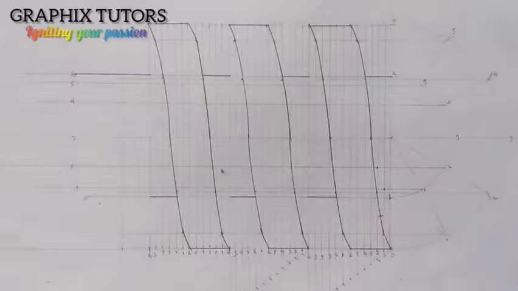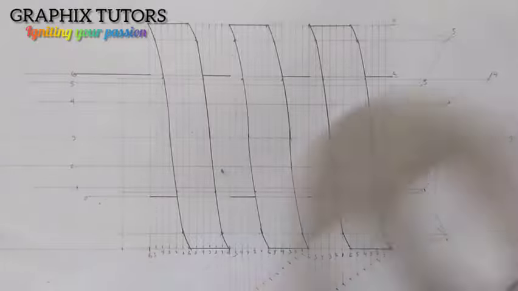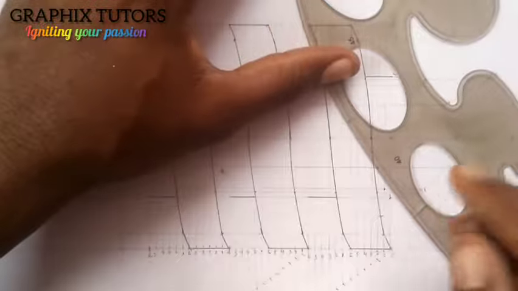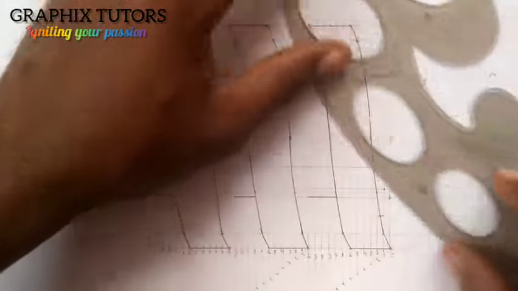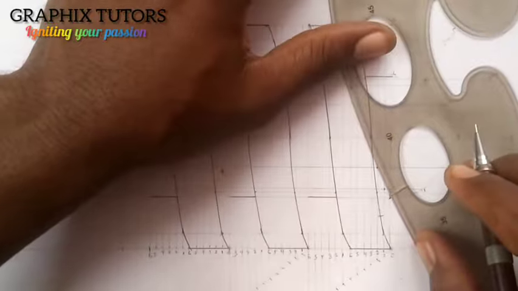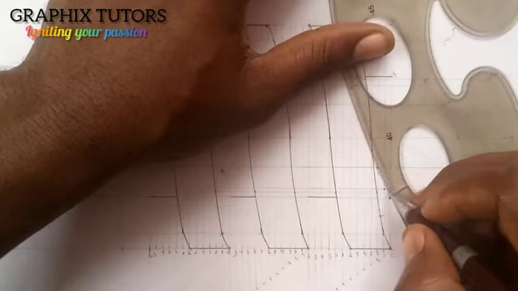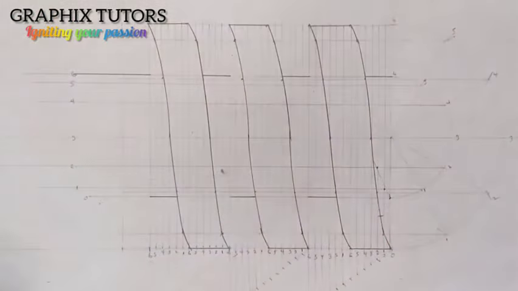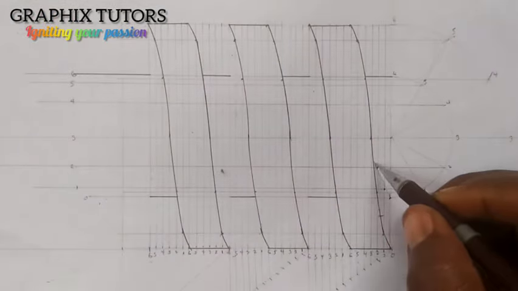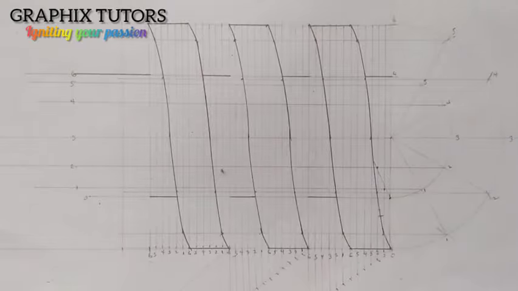So I'll just take my French curve and join it to touch that point from here. Those are the 3 points at least, right? I'll just change it from here to touch here. So we'll do that as time goes on. So go, stop there, right? And the next one will come moving from here.